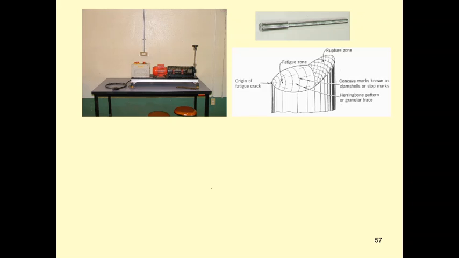Okay, what happens when you put the specimen into this? Your specimen is going to be here, and then this one is going to push some force here, and then it's going to bend by the rotation of the motor here. This specimen is going to have tensile and compressive stress, tensile and compressive stress, like this at one specific point.